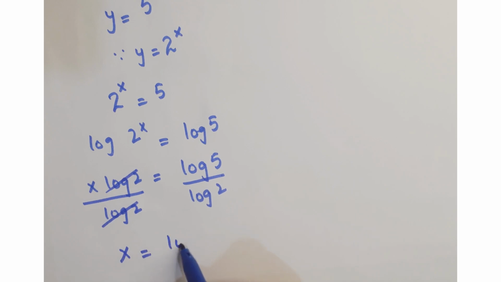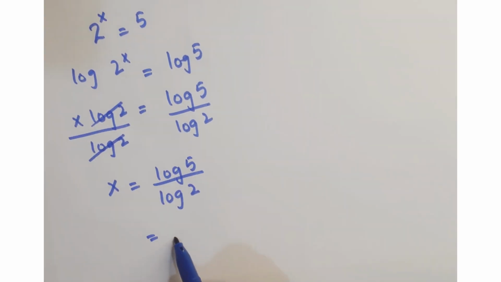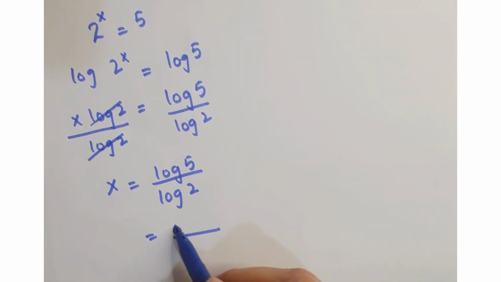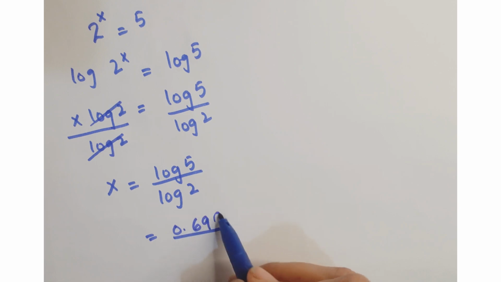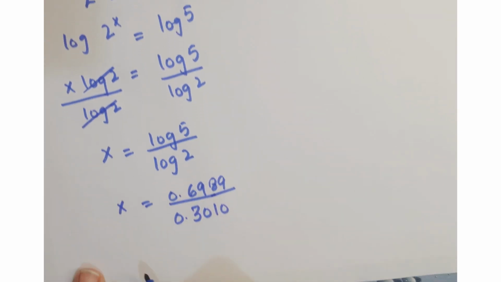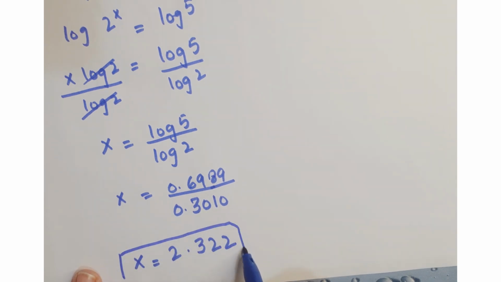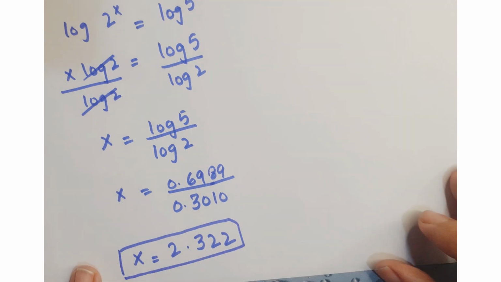So x is equal to log of 5 upon log of 2. Now putting the values from the calculator, we have log of 5 as 0.6989 upon 0.3010, and after simplification we get x is equal to 2.322. So this is one solution of x.